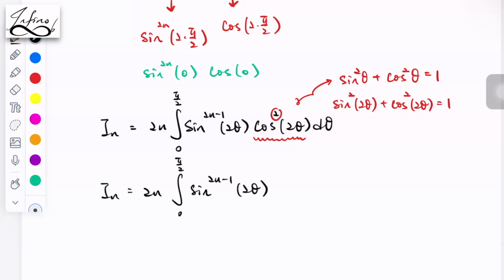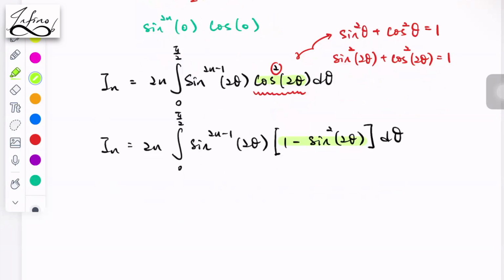Then this one, I would change it to 1 minus sine square 2 theta, and then d theta. Okay, so let me highlight it in green so you guys can see it clearer.